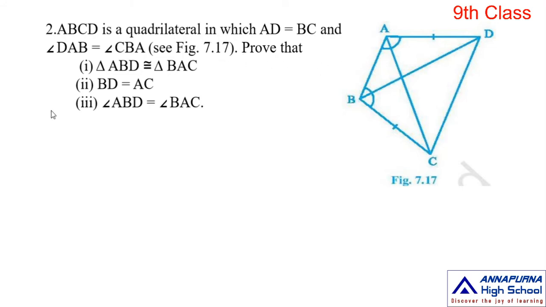We have to prove three conditions. First condition, triangle ABD is congruent to triangle BAC. Next, second condition, BD is equal to AC. These two diagonals are equal.